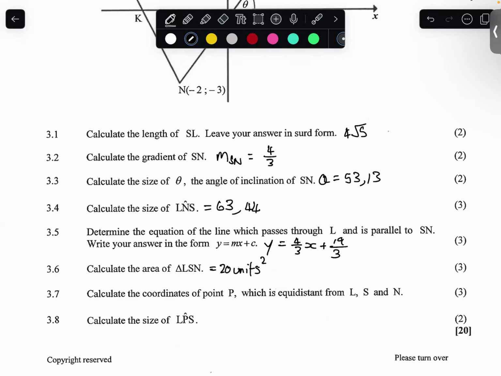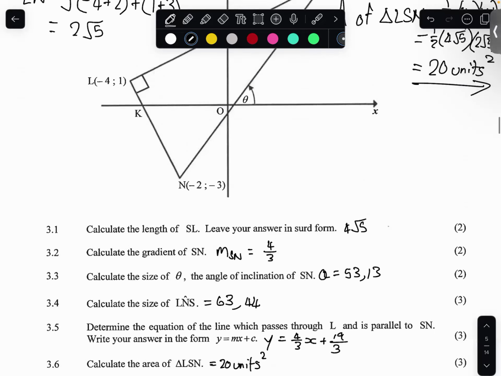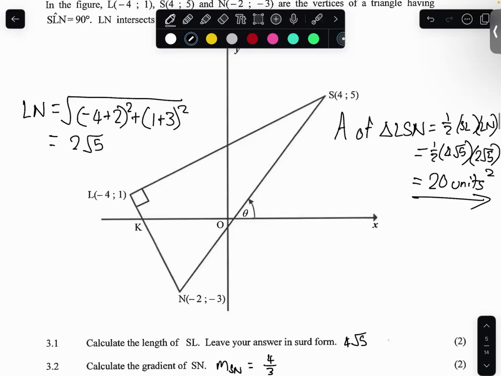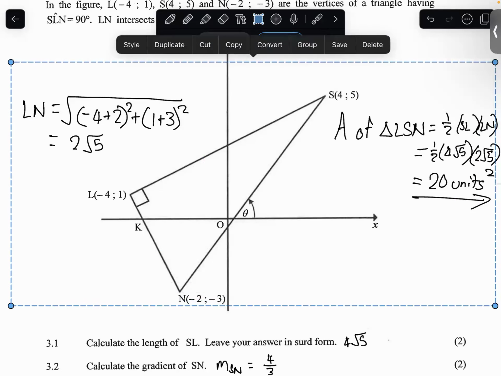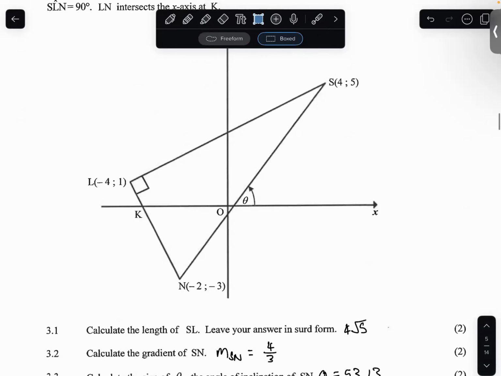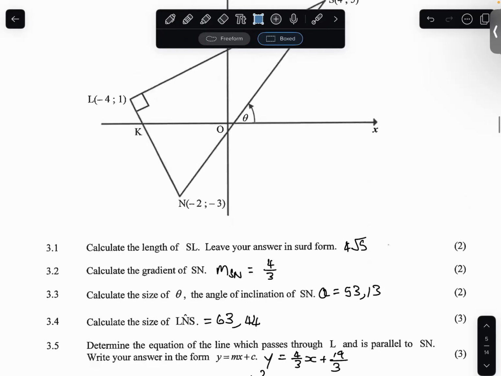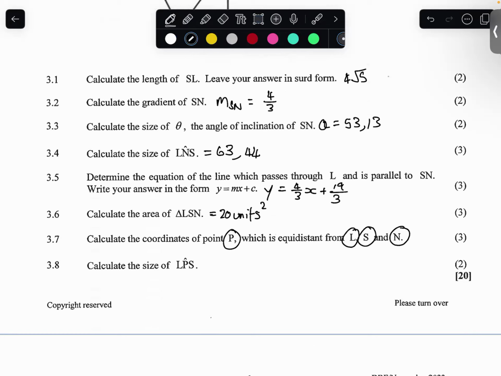All right, calculate the coordinates of point P, which is equidistant from L, S, and N. Okay. So 2 things here. There's quite a few ways, actually, you could have done this question. You could have gone the very long method, because equidistant means equal distance, which means that if P is equidistant from L, S, and N, that means PL is equal to PS is equal to PN.